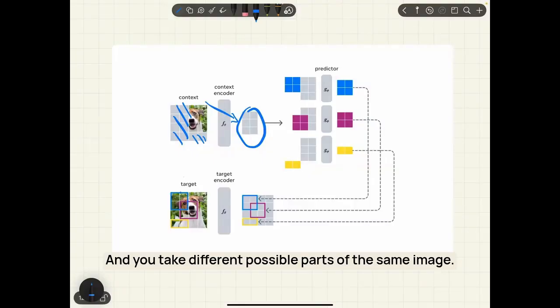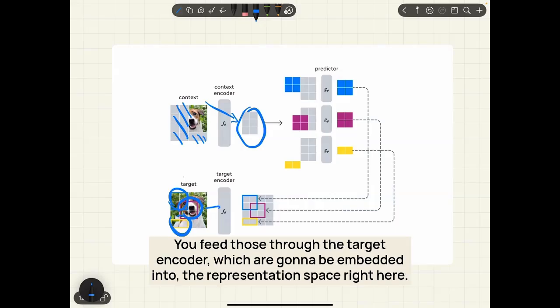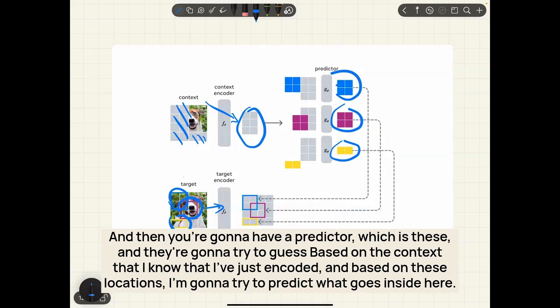Then you take different possible parts of the same image, right here and right here, and feed those through the target encoder, which embeds them into the representation space right here. Then you have a predictor, which tries to guess, based on the context that I've just encoded and based on these locations, what goes inside here.